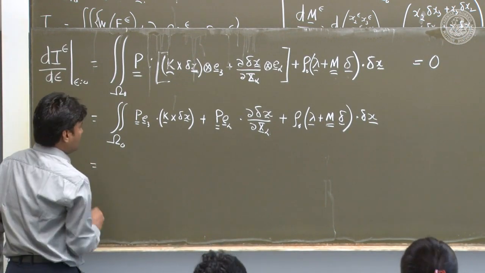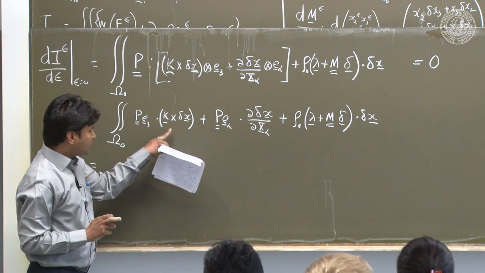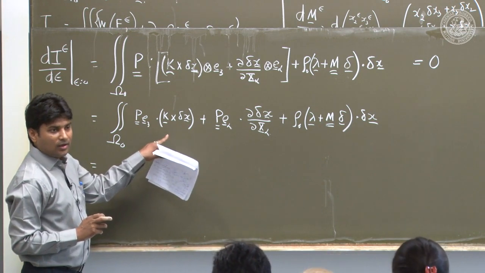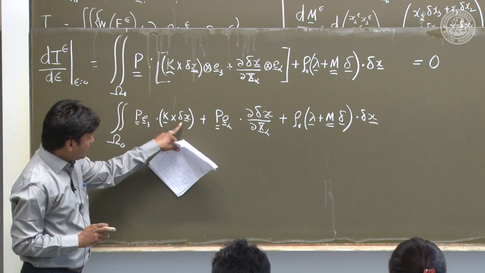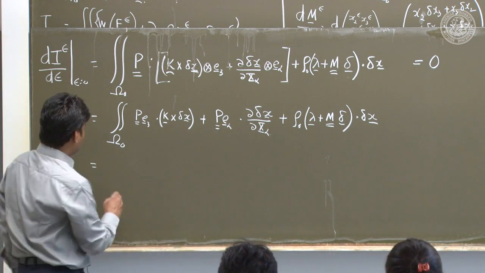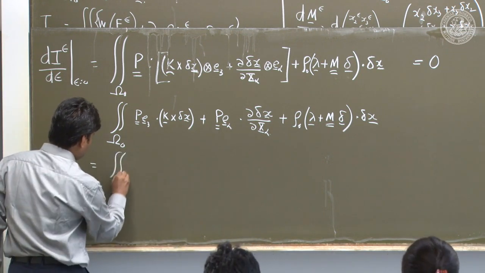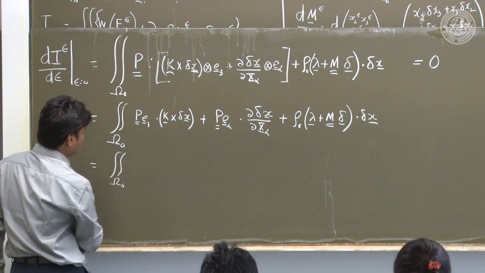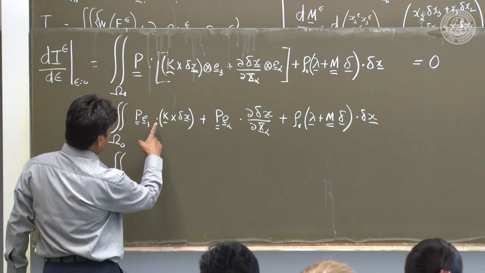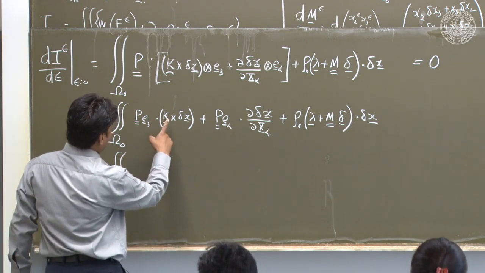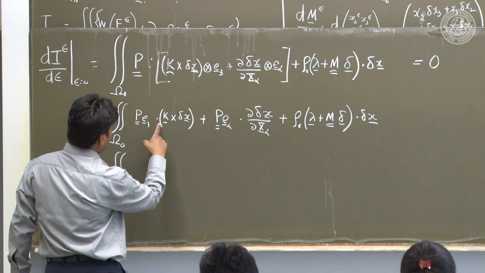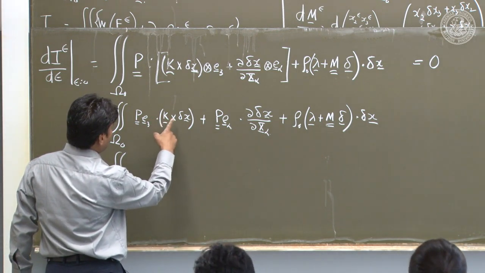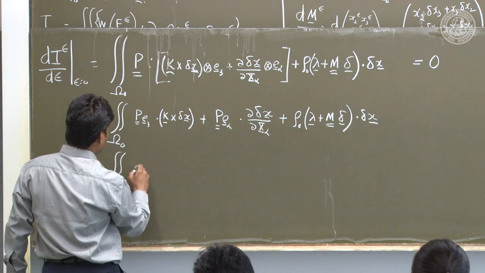Okay. And you see this is a scalar triple product, and we want to take this del x separately. So you could also write it as integral over omega naught of A dot B cross C, same as A cross B dot C. Yes.